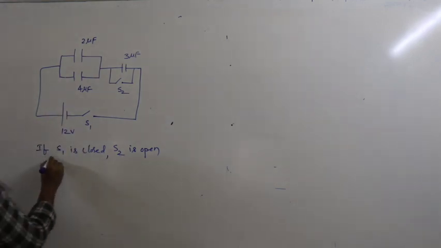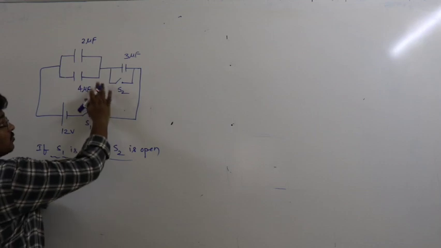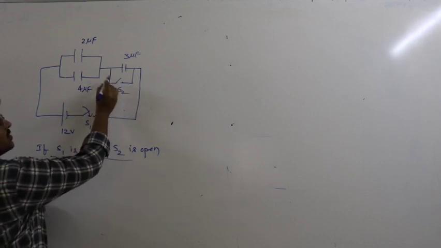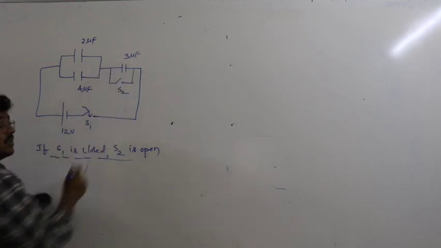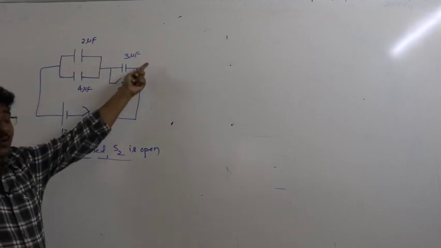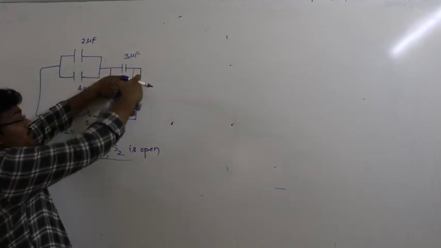See here, when S1 is closed, S2 is open, so that path is not closed. If the switch is closed, charge will automatically come this way, but if the switch is open, the charge will go simply to this one.